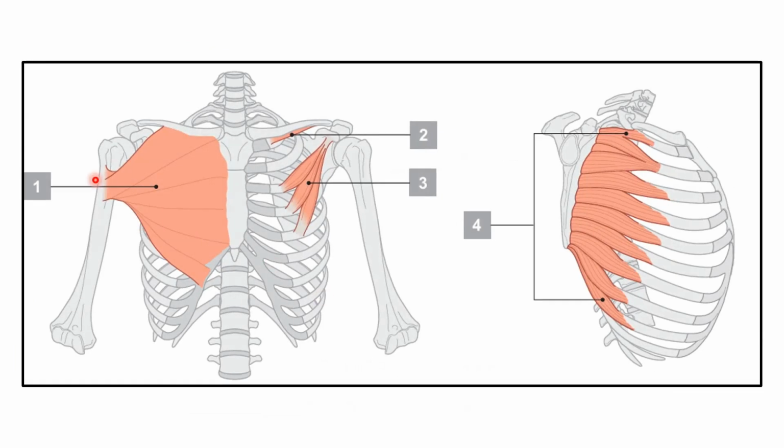Okay, you can see this is pectoralis major inserting to the lateral lip of the bicipital groove, and this is subclavius inserting to the subclavian groove on the inferior surface of the clavicle, and this is pectoralis minor inserting to the coracoid process of the scapula, and this is serratus anterior inserting to the ventral or costal surface of the medial border of the scapula.